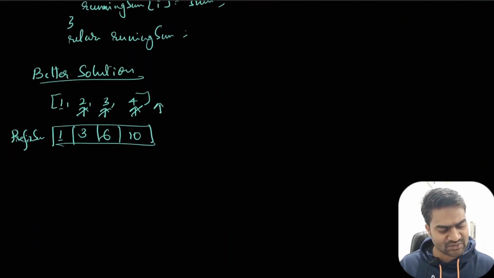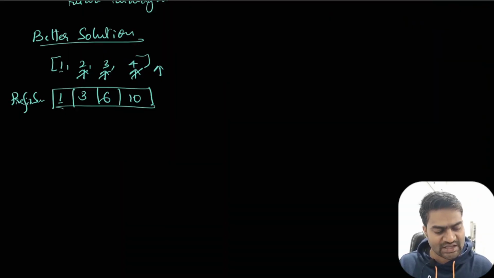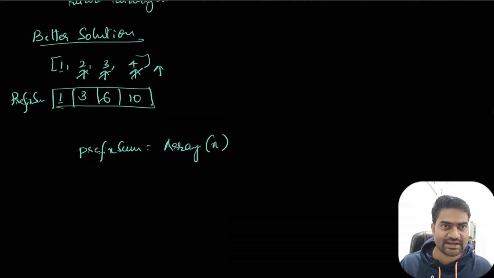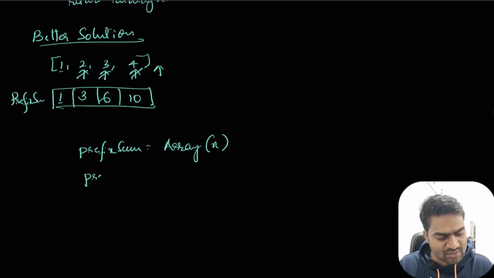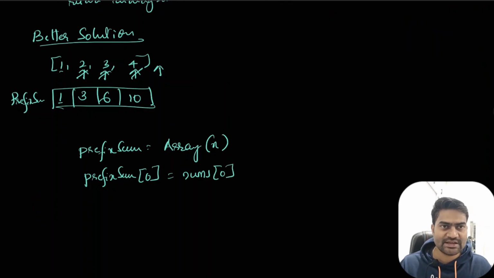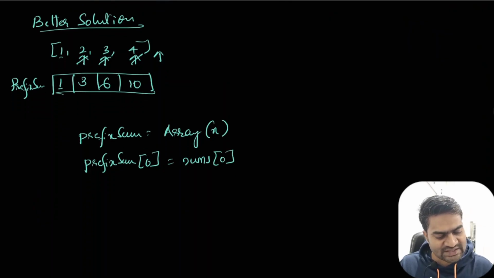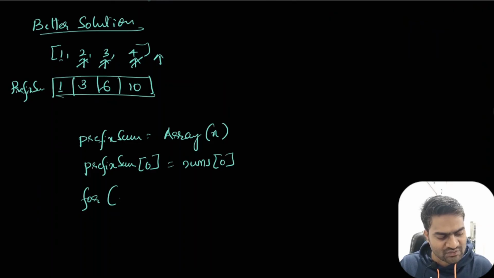For this, let us look into the pseudocode. We need a prefix sum array of size n. After that, the first number we put as it is because there is nothing before that. So prefix sum of 0 equals nums of 0. Then I will start processing from the first number, for i equal to 1 till n minus 1.